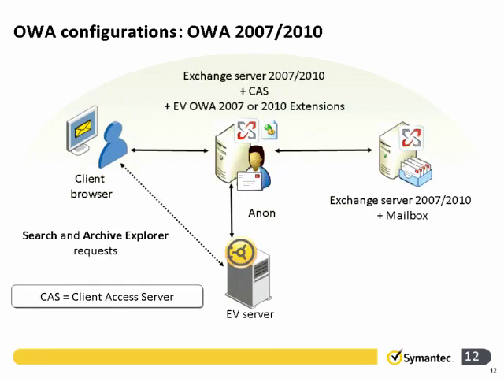Now, if we're talking about Outlook Web Access for Exchange 2007 servers or Outlook Web App for your Exchange 2010 servers, here we're showing you an example of the configuration where we have a separate client access server and a separate Exchange mailbox server. The separate client access server is where we are going to be installing our Outlook Web Access extensions.